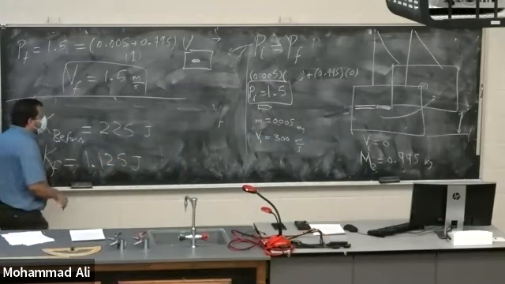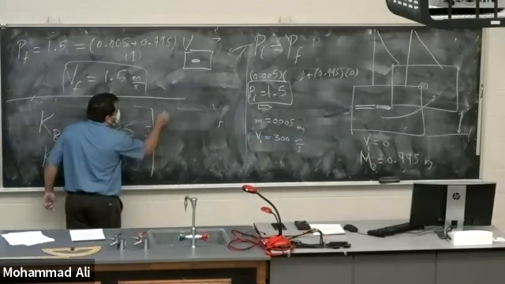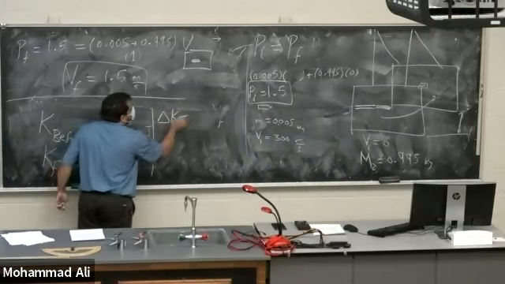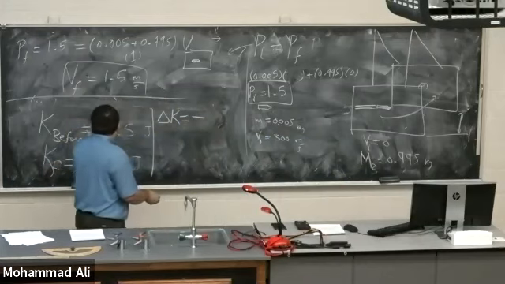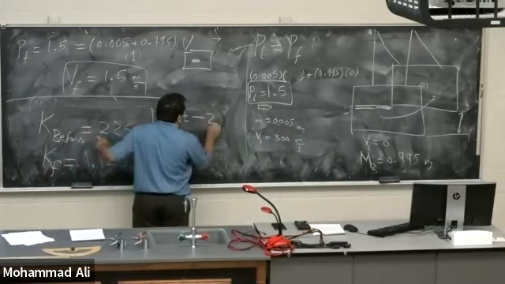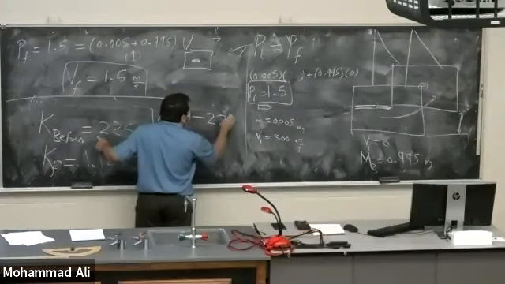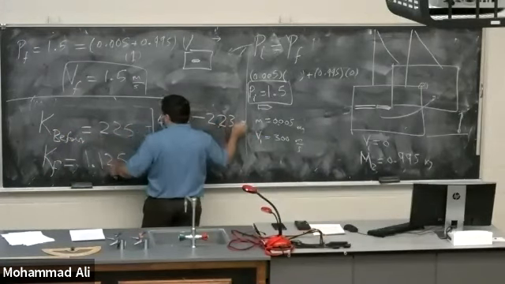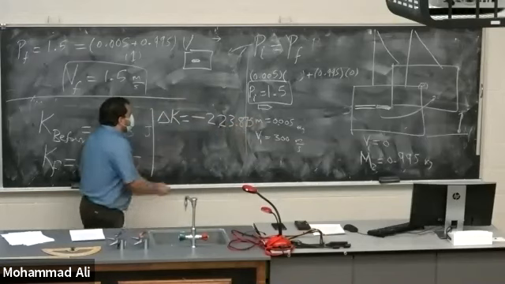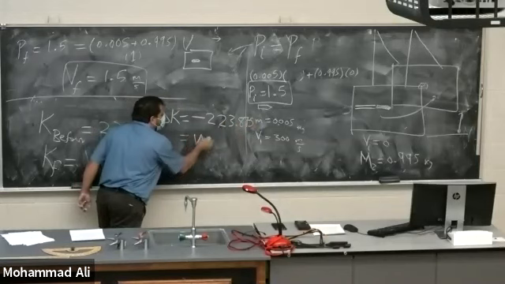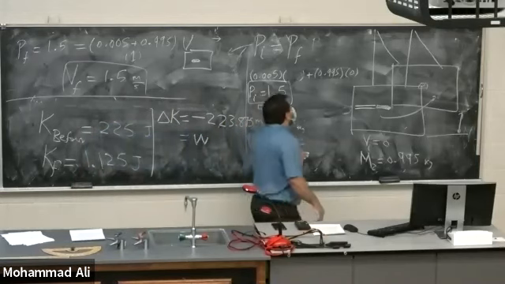How much is the change in kinetic energy? Delta K is equal to negative 223.8785. This is a work.